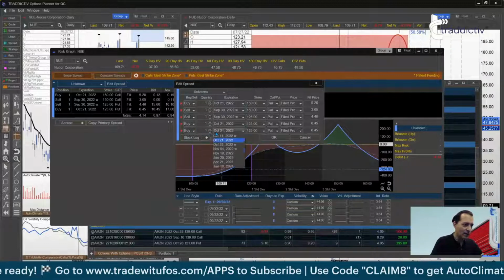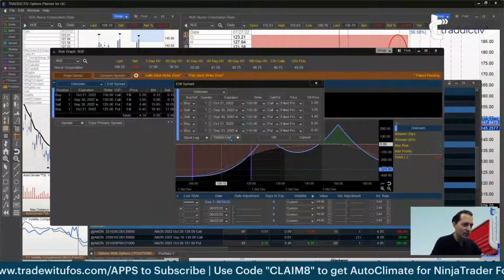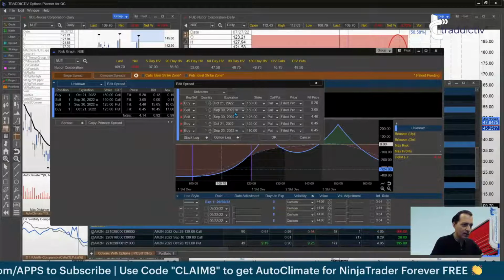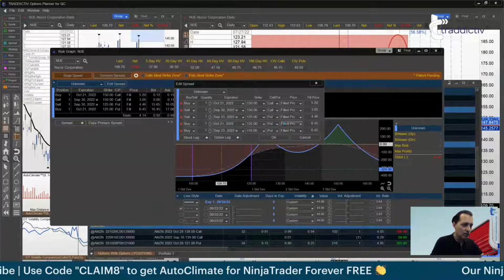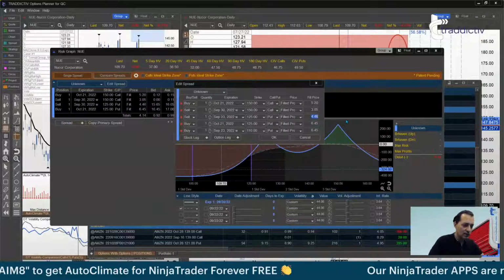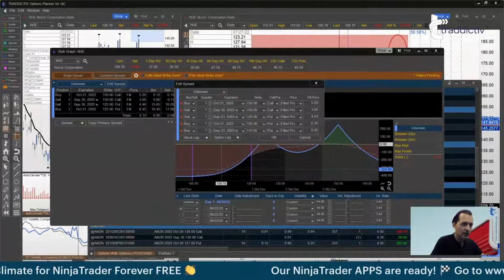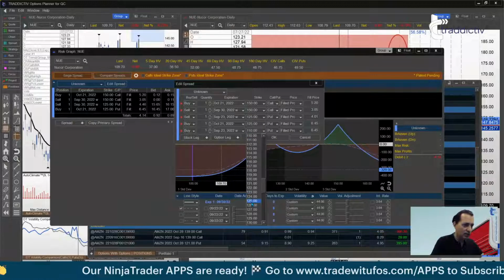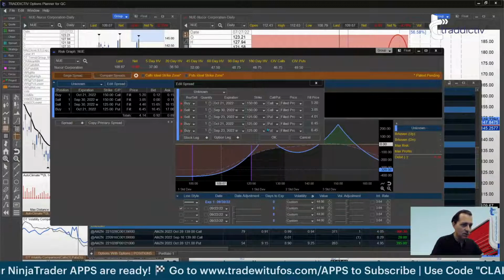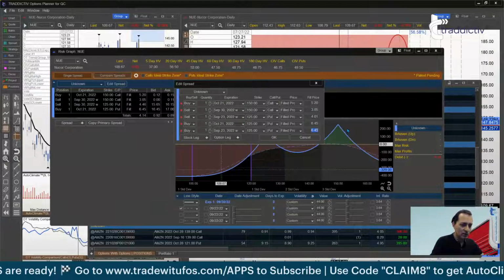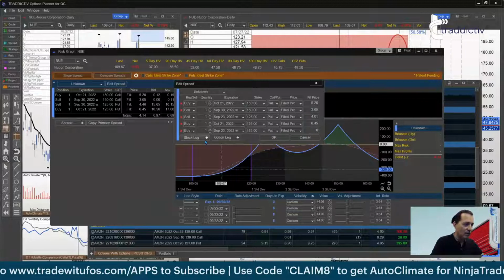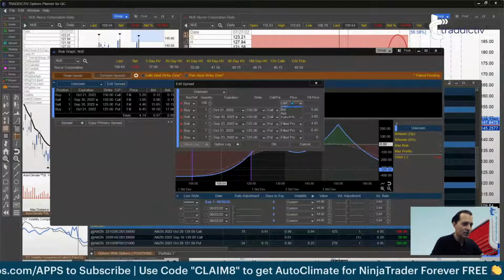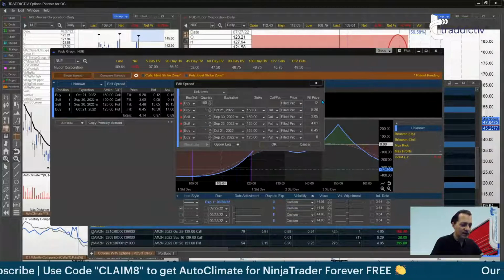So I'm going to buy to cover the September 23 125 put. That was 401. And if we do it at 0, this is what I've done before. And if now I add 100 shares at 125.